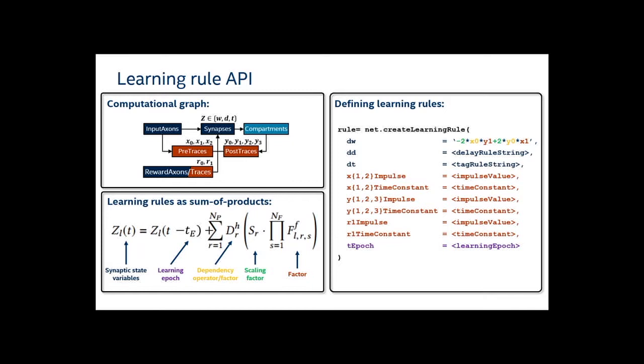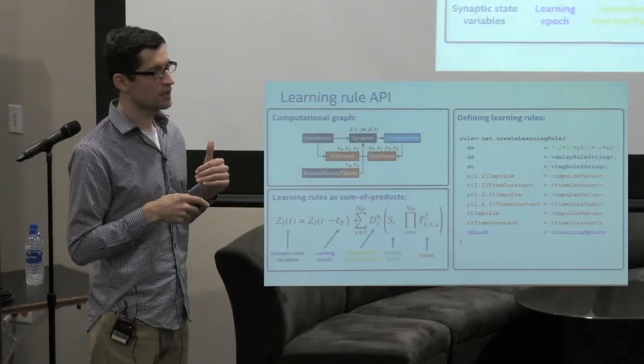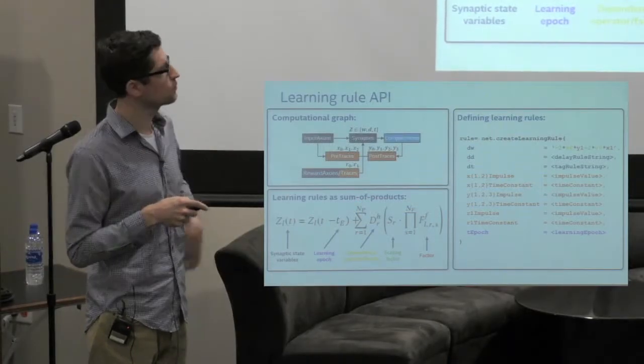And you can define further learning rules at the same time for the other dynamic variables, the delay and the tag. And then you can define also what the impulse and time constants are for these various traces that are used in these learning rules here. So the impulse is basically by how much one of those pre-traces over here increases whenever there is a pre-spike, and by how much a post-trace increases whenever there is a post-spike.